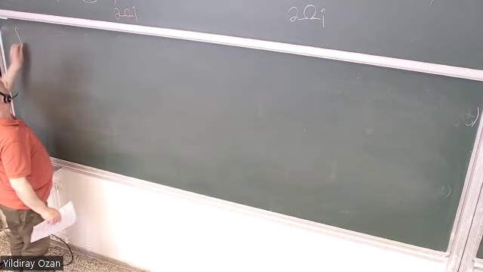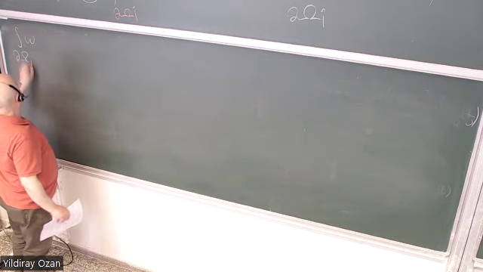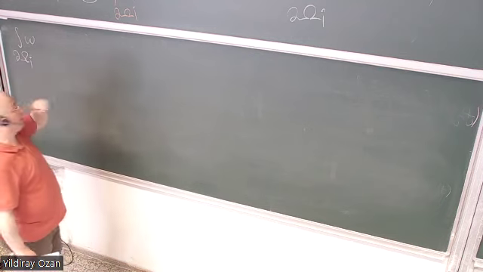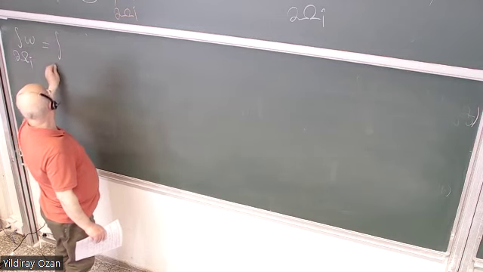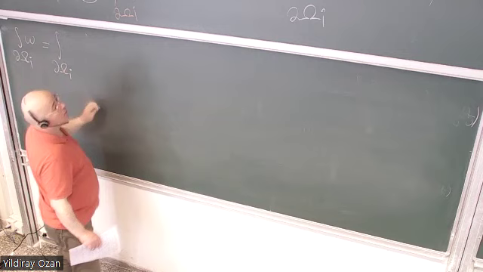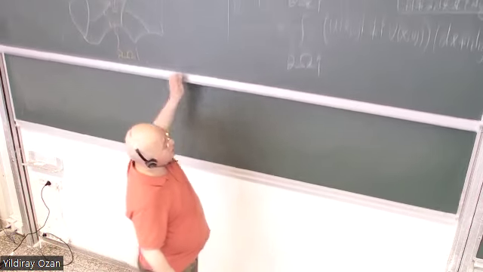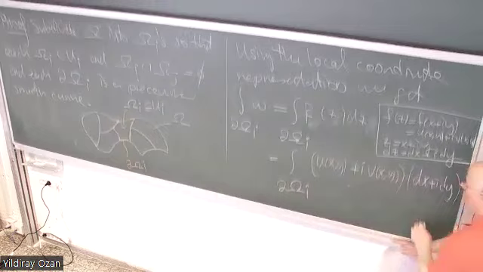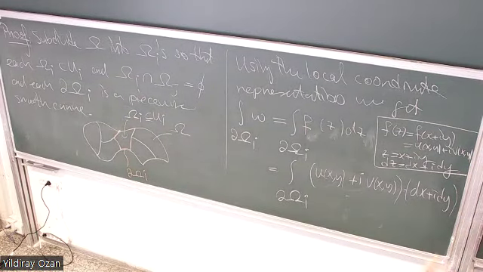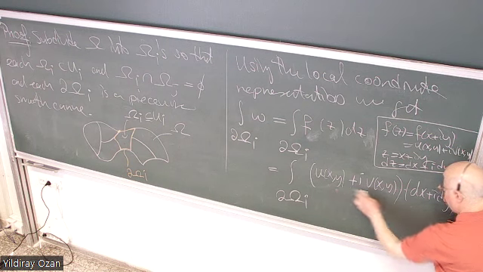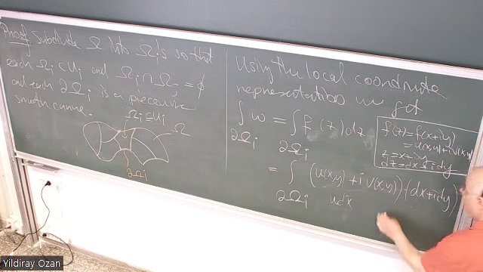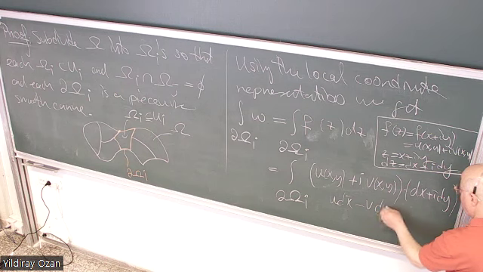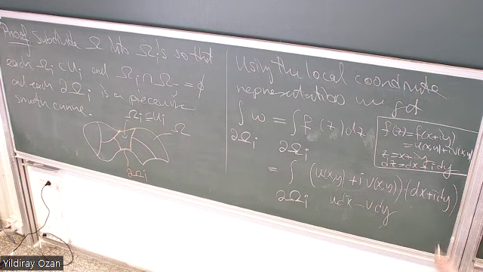So we have omega over the boundary of omega i is equal to what? I multiply these two. So the product has real and imaginary parts. Again, what is the real part? Real part is u dx minus v dy, right? Because i squared is minus 1.